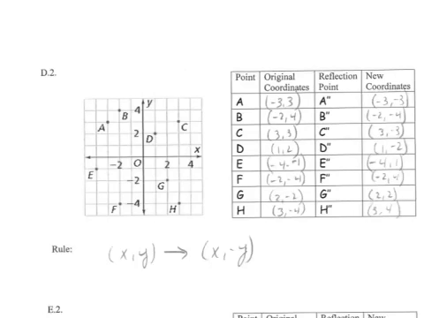So next we look at a rule for reflecting things over the x-axis. And once again, we write the original coordinates, which would be the same as part C, and will also be the same for part E. And then we look at new coordinates, and we reflected them over the x-axis, and those are in this column.